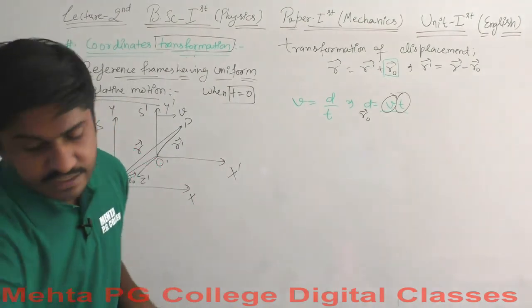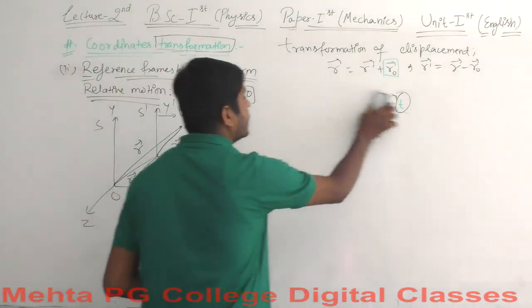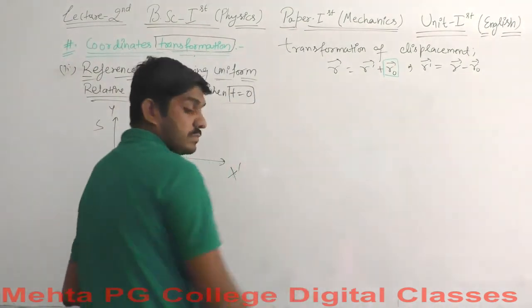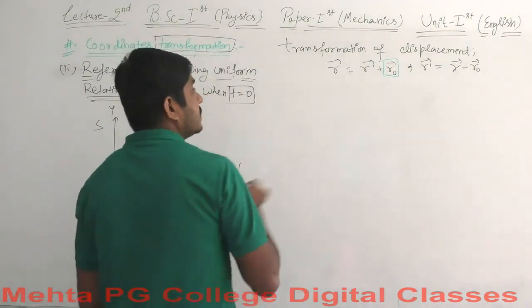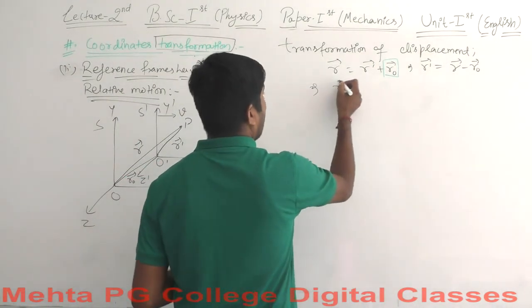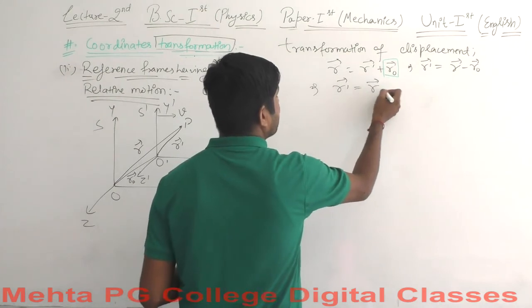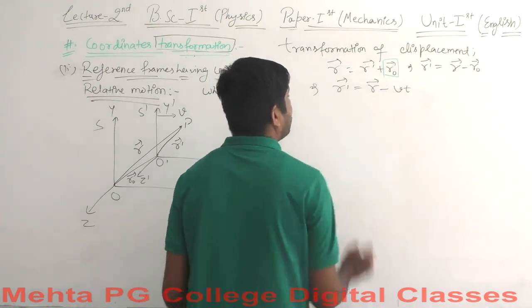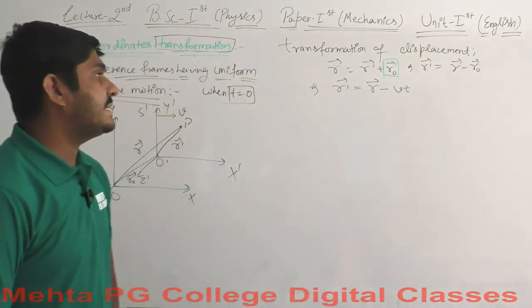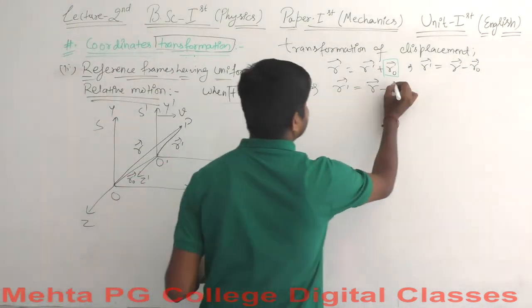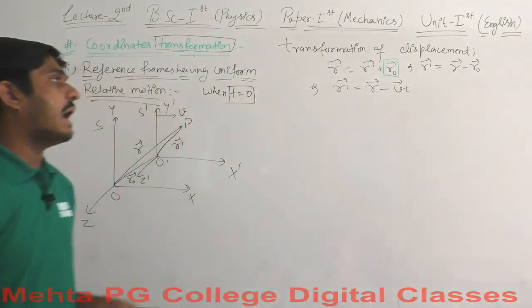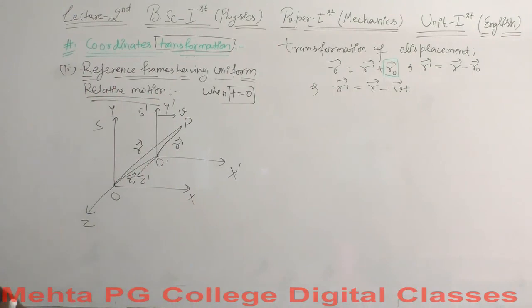Okay, I hope that you do not go through any kind of confusion. So r dash is equal to r vector minus vt. Velocity v is again a vector quantity. So r dash vector is equal to r vector minus vt.